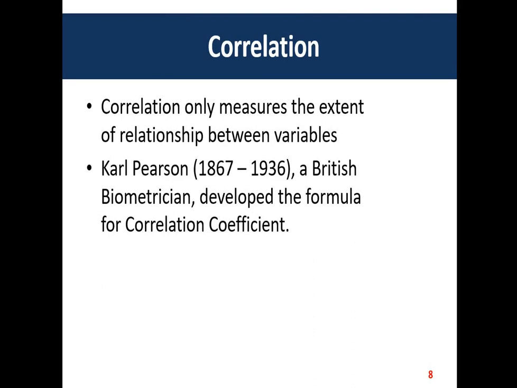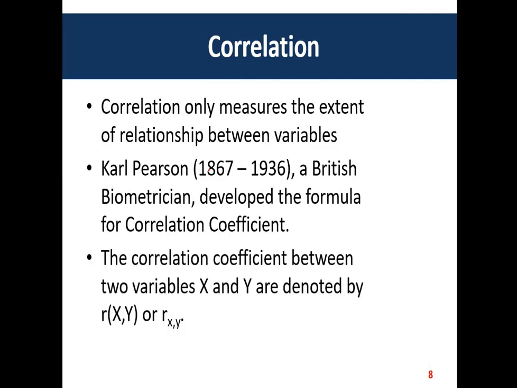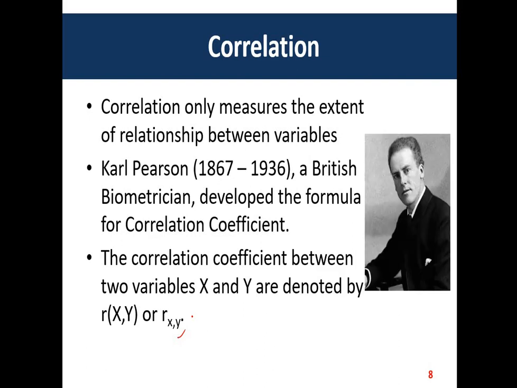It was developed by a British mathematician or biometrician, Karl Pearson, and the notation for the correlation coefficient is generally small letter r, and within brackets xy, or r suffix xy. So this is the form. This is about the correlation coefficient. It was developed by Karl Pearson, and this is Karl Pearson in his older days. In his younger days, he looked like this.